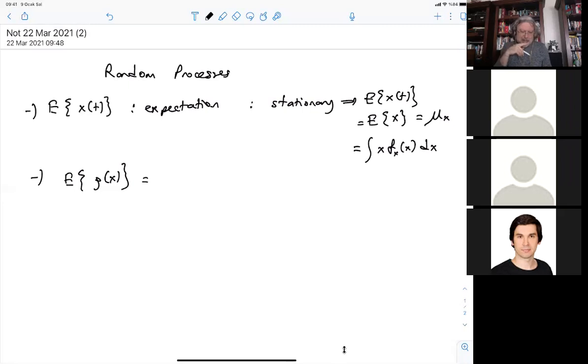But interestingly, it is the same as this. Y, which is g of x, integral of y times, it's not g of t, excuse me, it is g of x. It's not a time function, it's a function of the variable x. For example, we are taking the square of it.